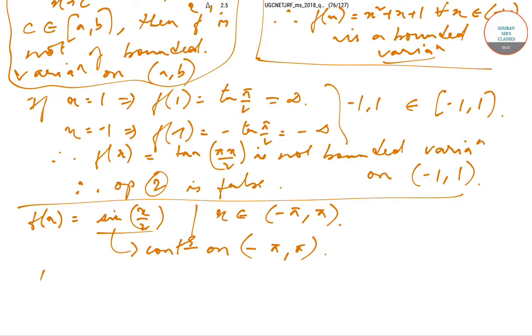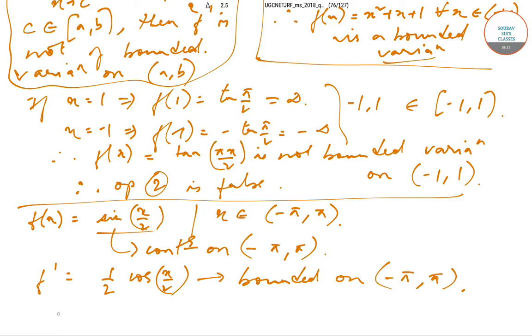Now let us find f dash. So f dash is equal to 1 by 2 cos of x by 2, and we know that this is bounded on minus pi to pi. So therefore we can say that f of x is continuous on minus pi to pi and f dash is bounded on minus pi to pi.